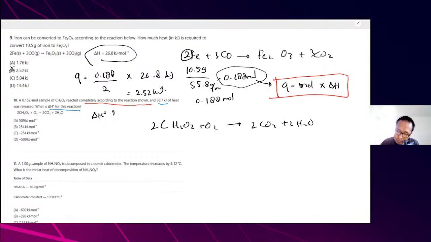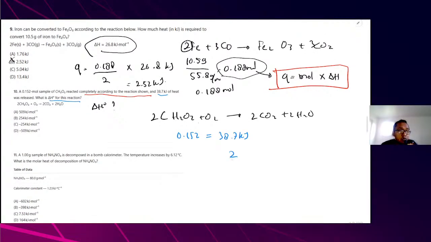For 0.152 mole, the heat release is 38.7 kilojoule. What is ΔH for this reaction? It will be 2 divided by 0.152 times 38.7, so it will be 509 kilojoule, negative, because the heat is released.